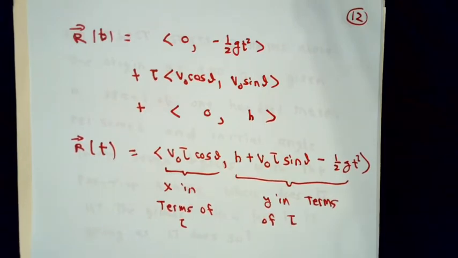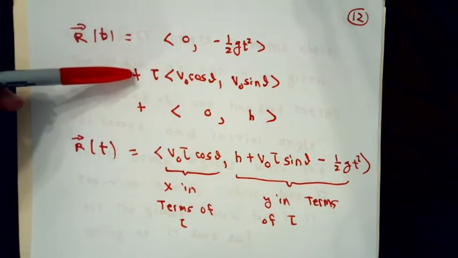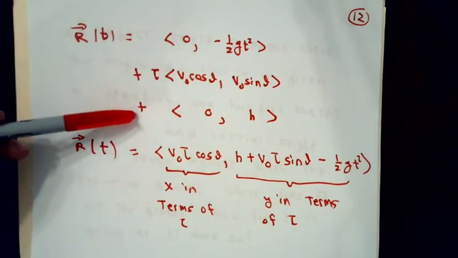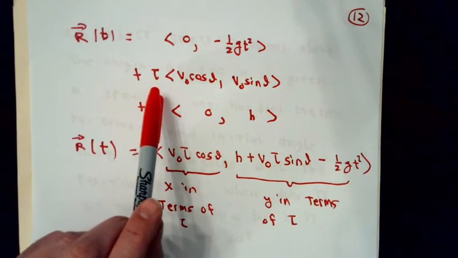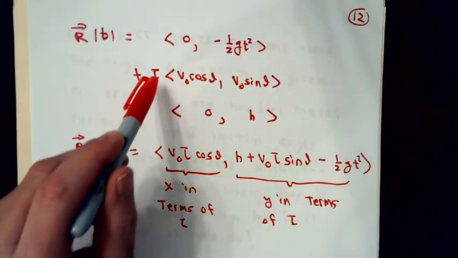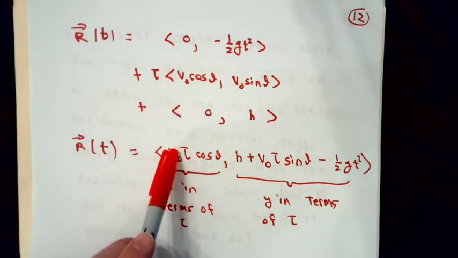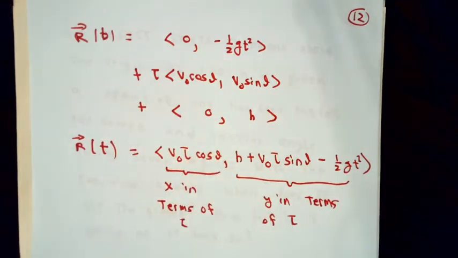If you take all of these little pieces and put them all together, r at time t is this plus this plus this. In the middle vector, the t is a number that multiplies the vector. I can bring its components inside and write this part as the initial speed times time times cosine of the initial angle of inclination.